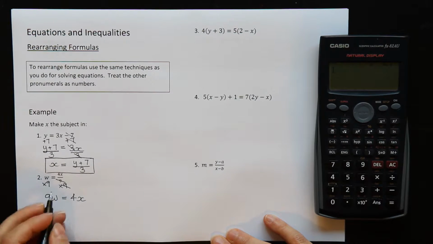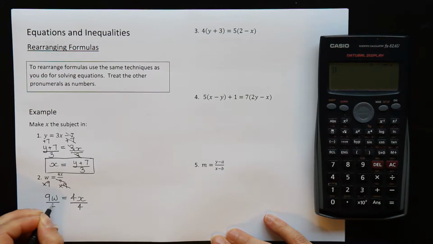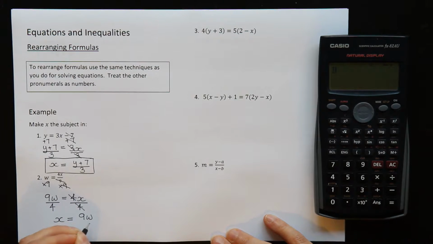Now get rid of the 4, so I need to divide by 4. Okay, let's cross out those. And now let's swap sides on this last line here. X is now by itself, and I get 9w over 4.